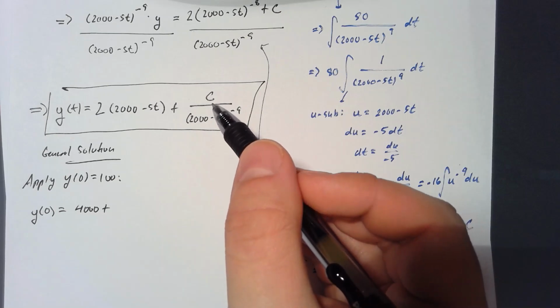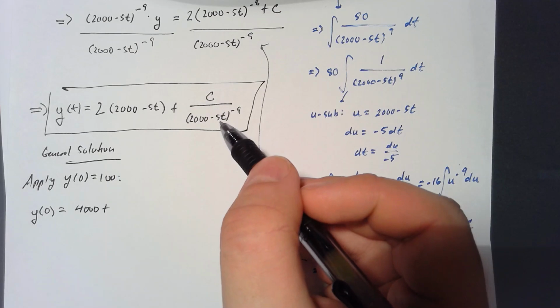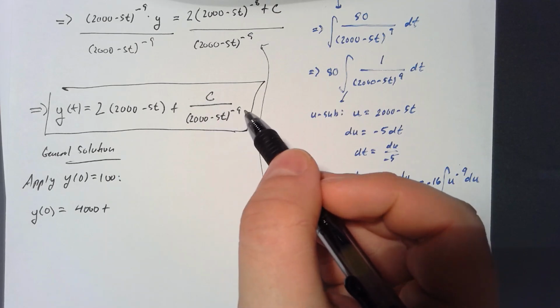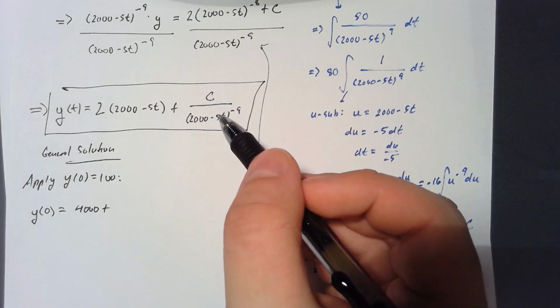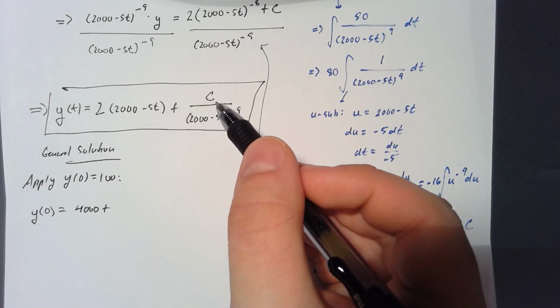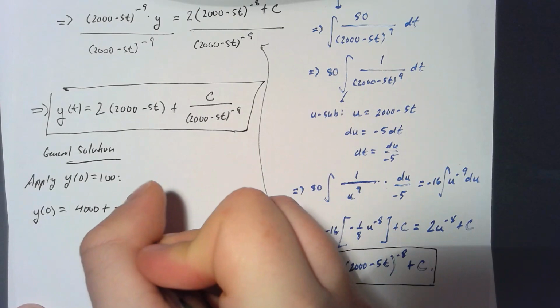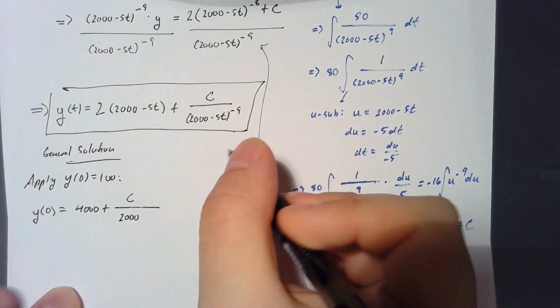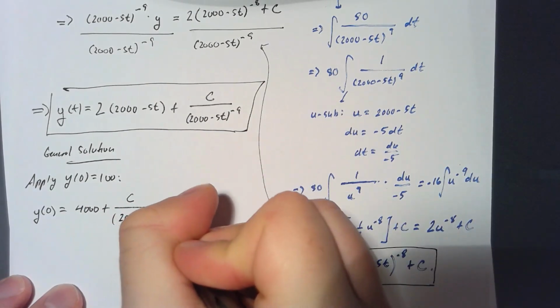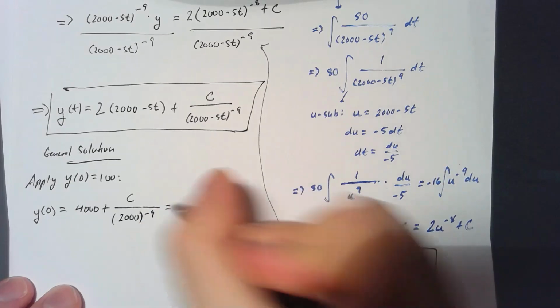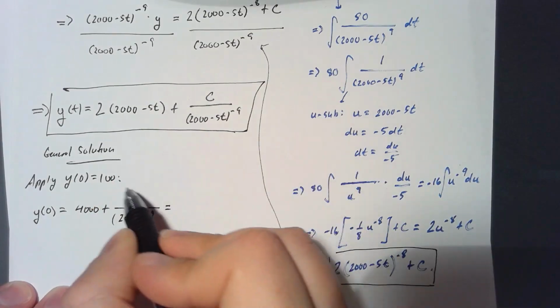So I'm going to have, so this will be 2,000 to the negative 9th power times c, right? So this will be c over 2,000 to the negative 9th power, and that's going to be equal to 100.